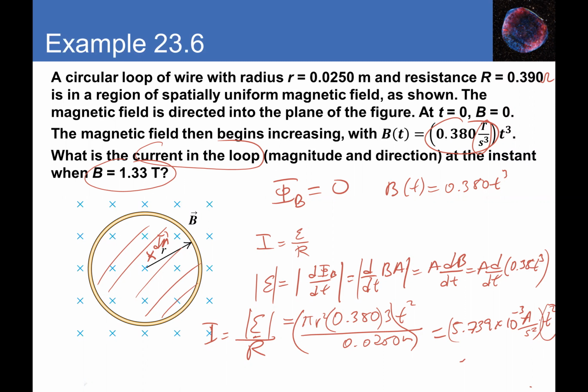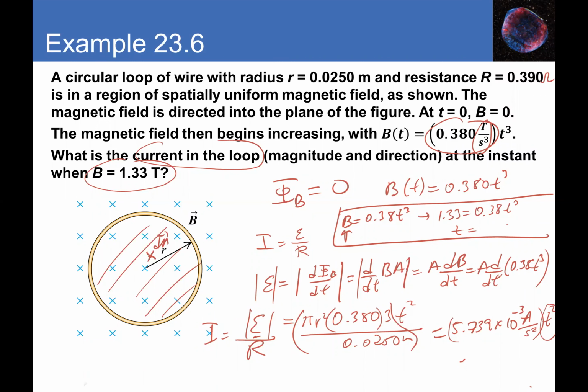But one thing I know is that the magnetic field is equal to 0.38 t cubed. So I can find the time where the magnetic field is 1.33, because it's changing at the same rate at any time, 0.38 t cubed. So I can say 1.33 is equal to 0.38 t cubed, and use that to find t.